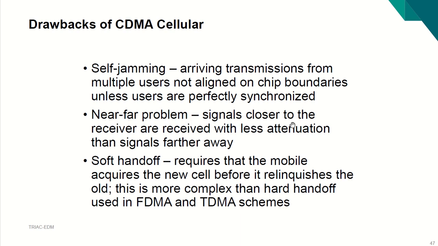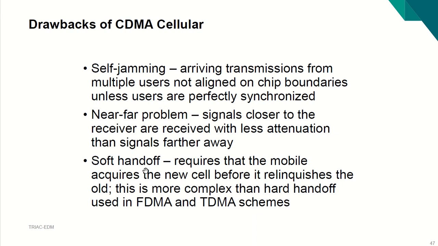Signals closer to the receiver are received with less attenuation than signals far away. So sometimes some signals are stronger, some signals are weaker because of the distance.